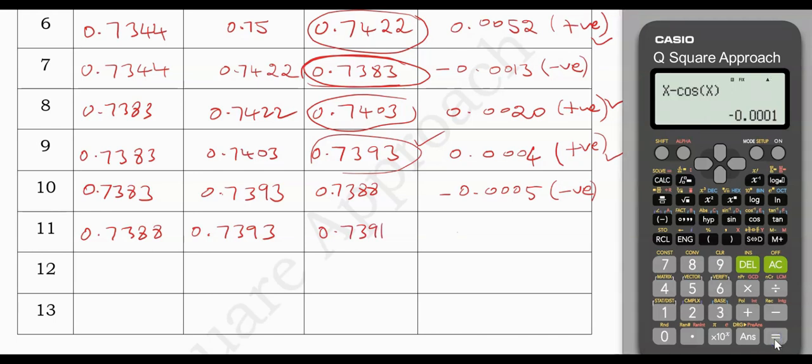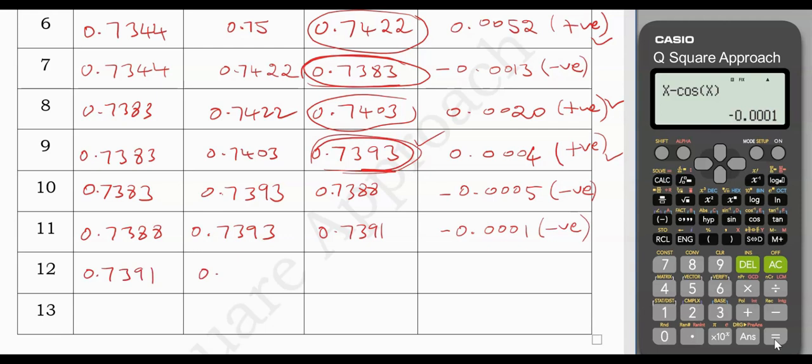The function value is minus 0.0001. This is negative, so the current value is negative and the positive value occurs at 0.7393.